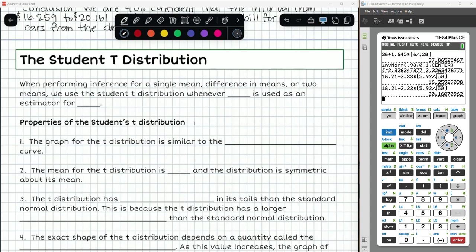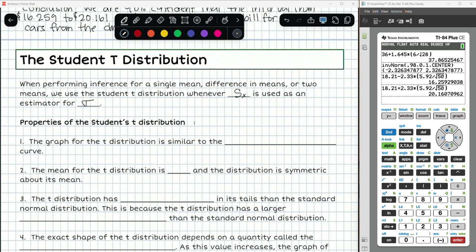Before we move on to our next type of confidence interval, we need to talk about a new distribution. When we are performing inference for a single mean, a difference in means, or two means, we use the student t distribution whenever the sample standard deviation s is used as an estimator for sigma.